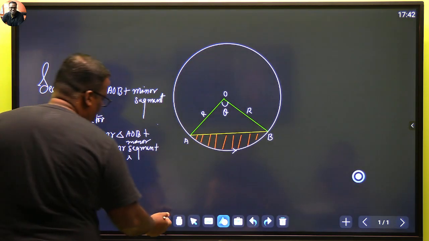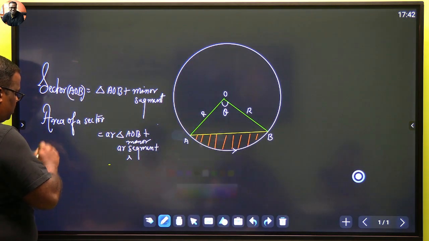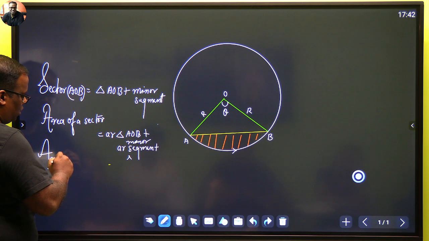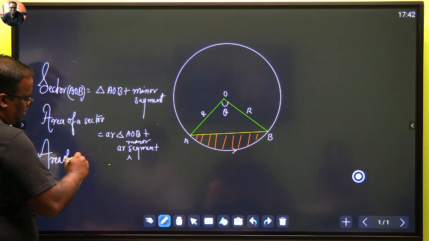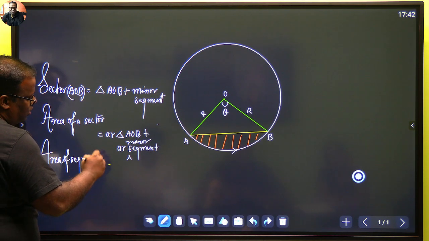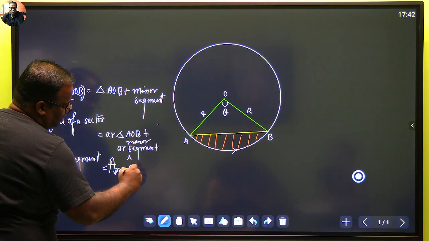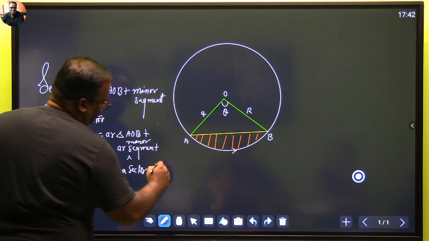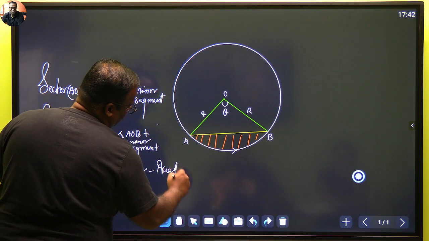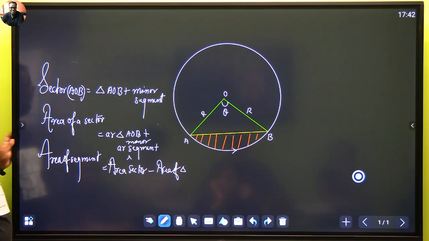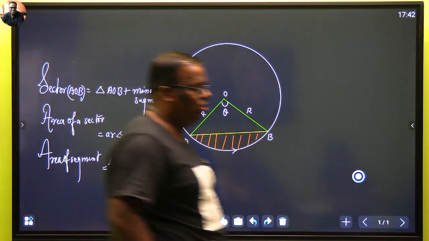So what do we do? Many problems will ask you what is the area of the segment. So you say that it is the parent area, that is the area of the sector, minus the area of the triangle. Have we understood? Because for the segment we don't have a formula.